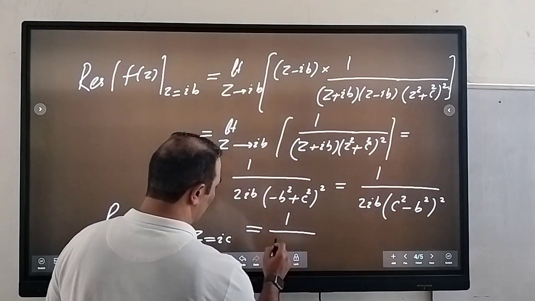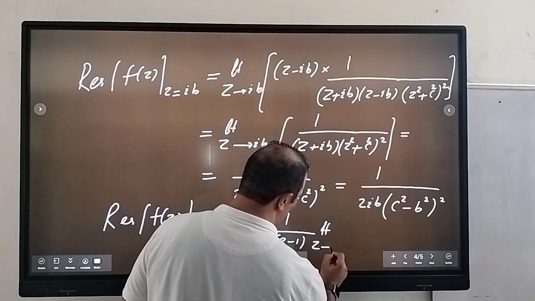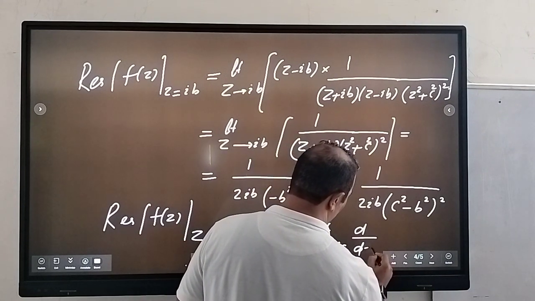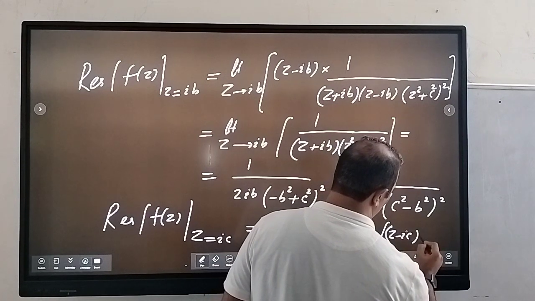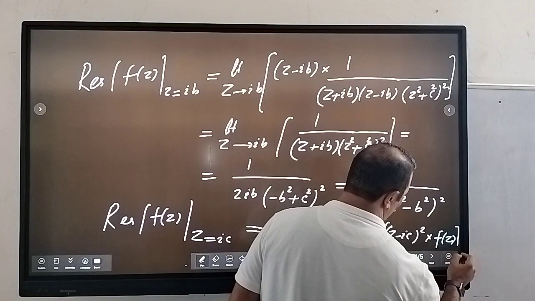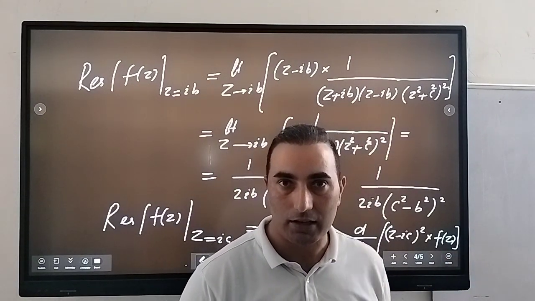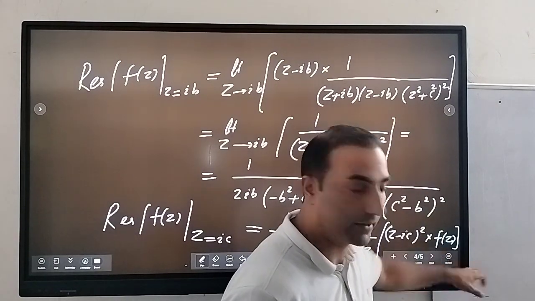So that means this will be equal to 1 by 2 minus 1 factorial, limit z tends to iota c, d by dz. Right? Because it is z minus a whole raised to power m, so m is equal to 2, into f of z, right?